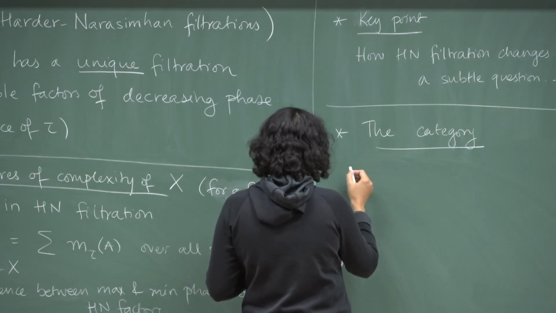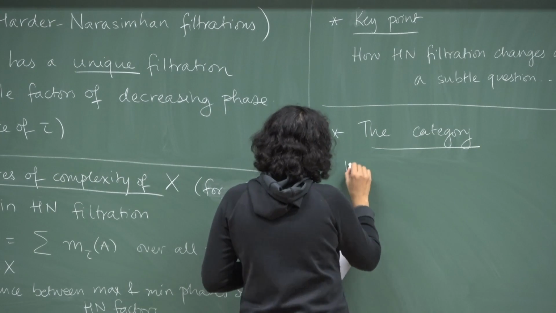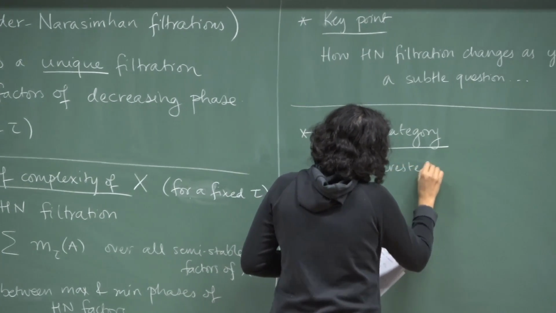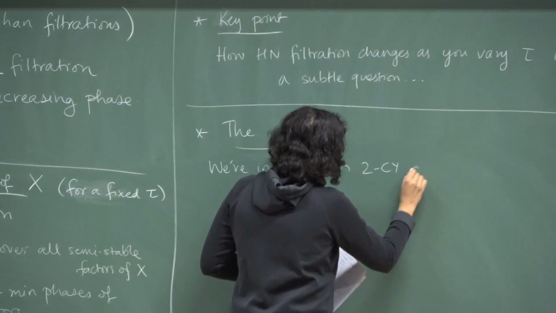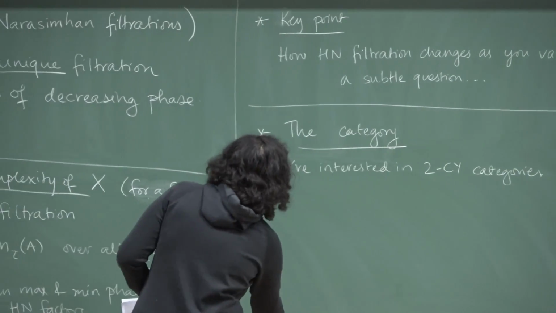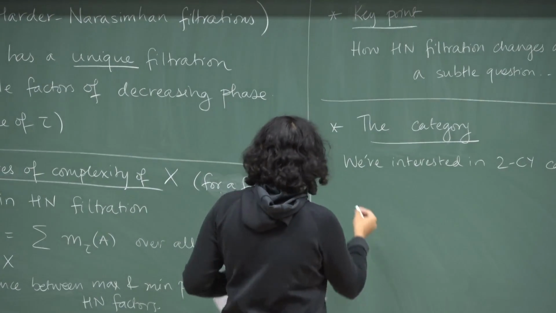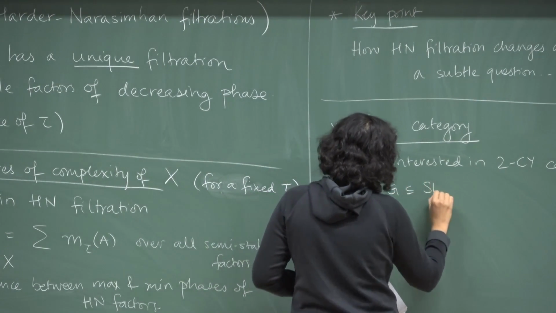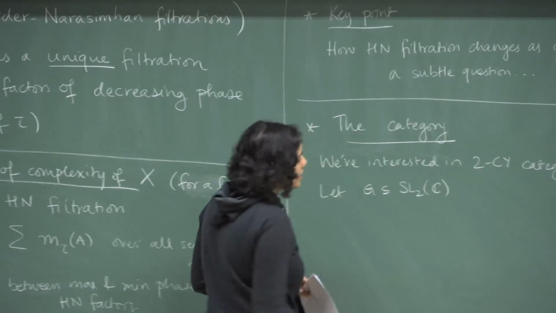So let me just say, for the experts, we're interested in two-Calabi-Yau categories. But the specific one that I'll say something about is the following. Let G be a finite subgroup of SL2C.